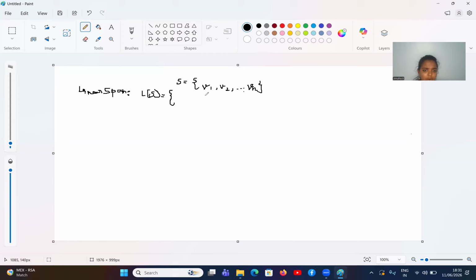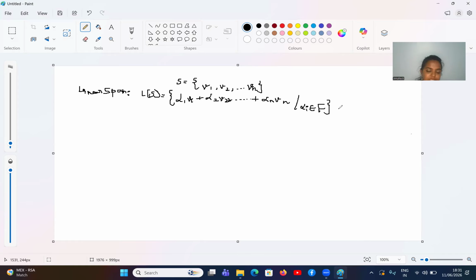Now I'm writing the set L of S as alpha 1 v1 plus alpha 2 v2 and so on plus alpha n vn, such that alpha i belongs to a field. Here, in linear independence we wrote just alpha 1 v1 plus alpha 2 v2 and so on plus alpha n vn without a set bracket.